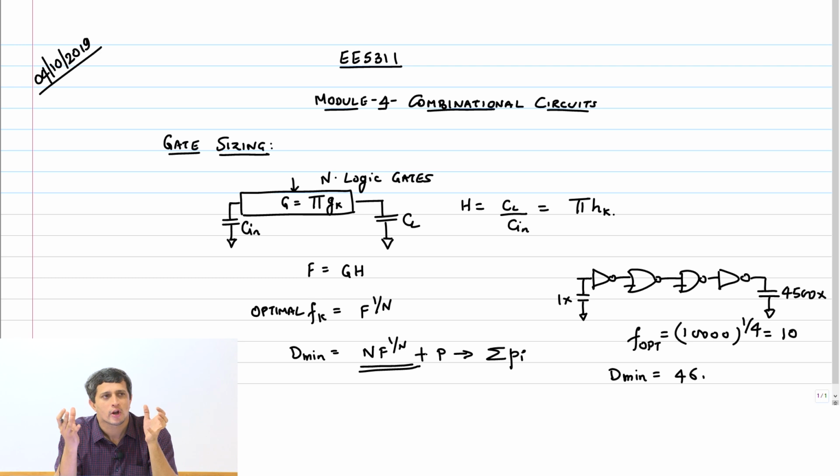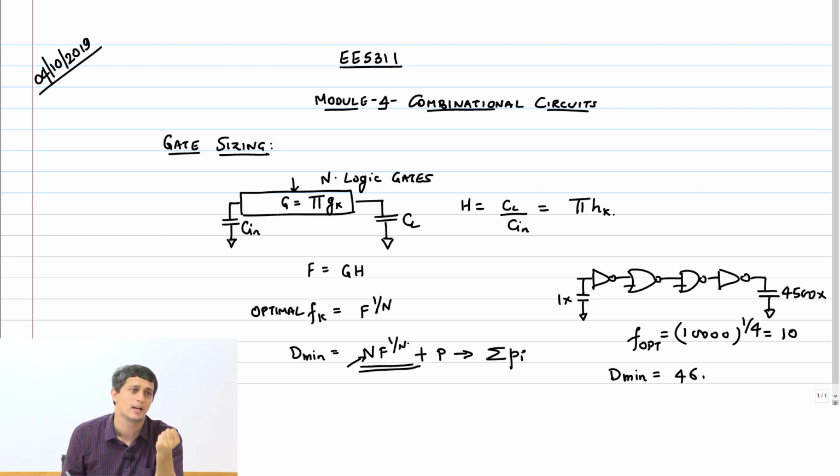And with that, you cannot reduce this delay too much. Remember that though delay is scaling with n, that means if I increase the number of gates, the delay will go up, because there is a multiplication by n. The power of F power 1 by n is much higher. It is bringing the delay down significantly.